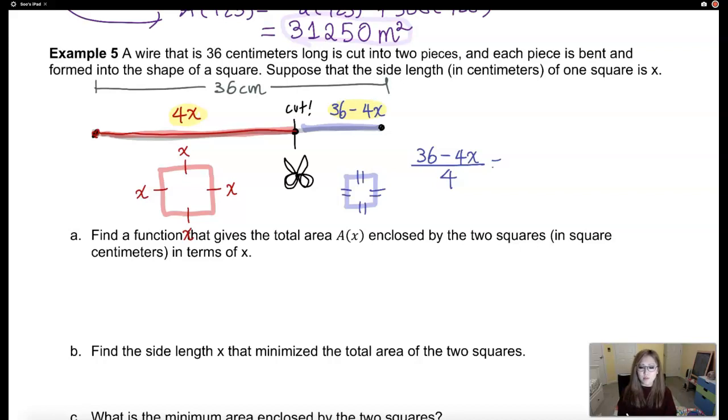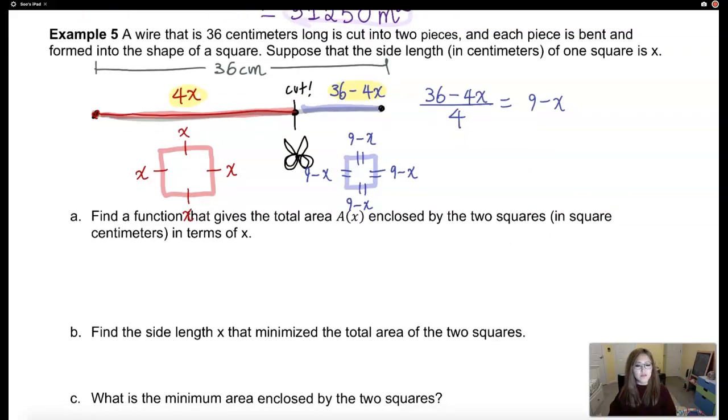If I simplify this, this will be 9 minus x, right? 36 divided by 4 is 9, and 4x divided by 4 is x. So I know this side is 9 minus x, 9 minus x, 9 minus x, and also 9 minus x. Nice picture so far. Now what?